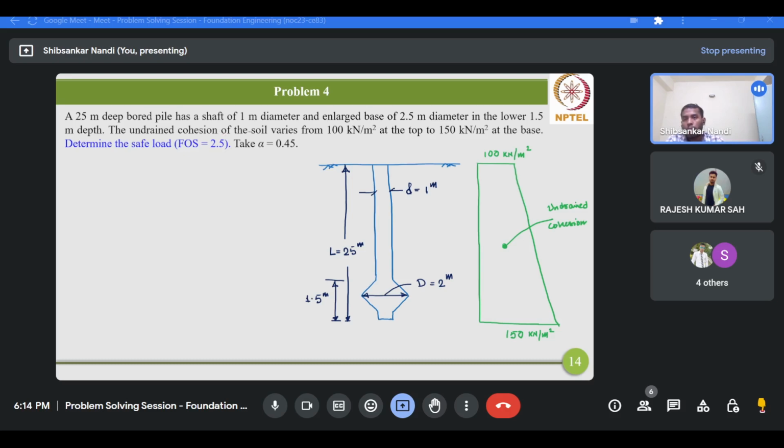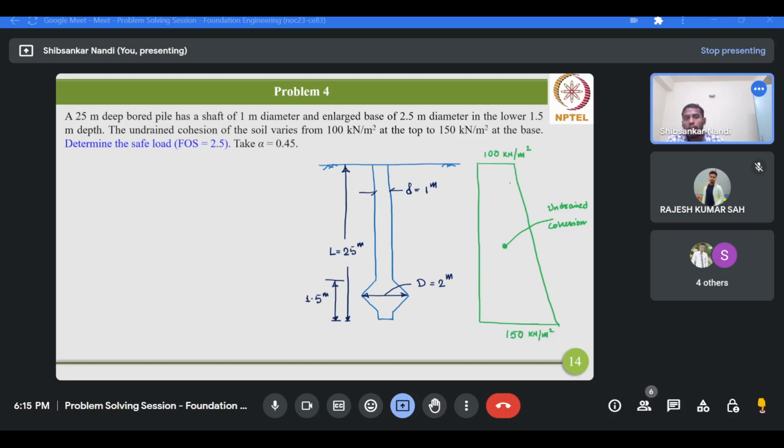Now the undrained cohesion of the soil varies from 100 kPa at the top to 150 kPa at the base. So again, this is the difference with the previous problem, problem 3. In the previous problem, we considered uniform undrained cohesion throughout the pile length.